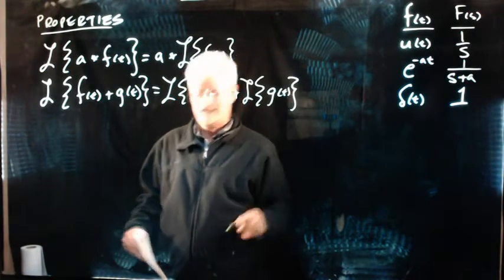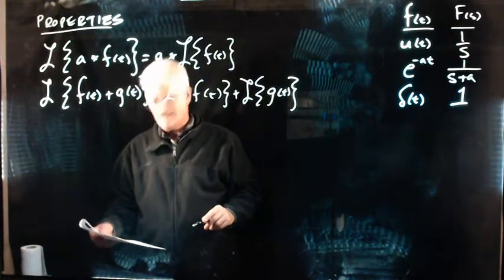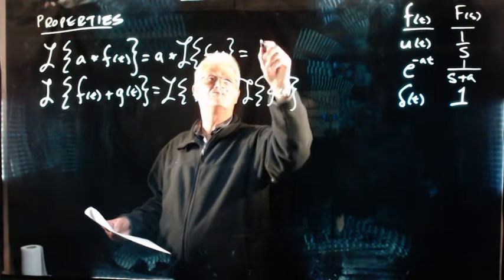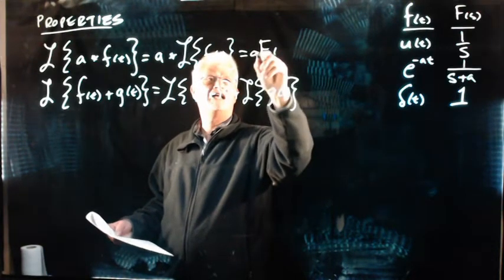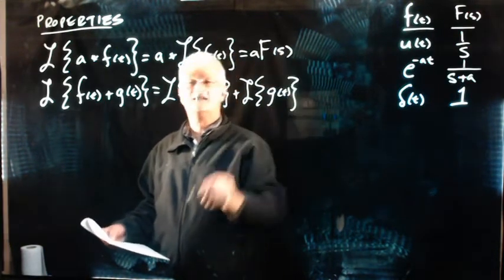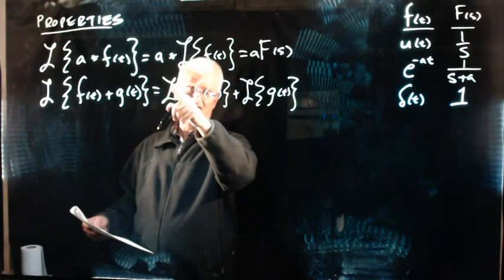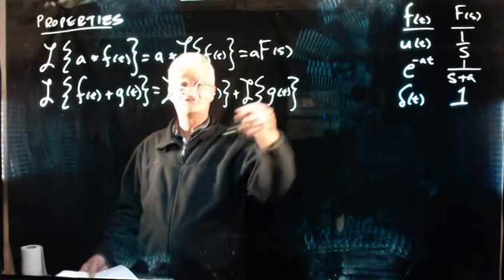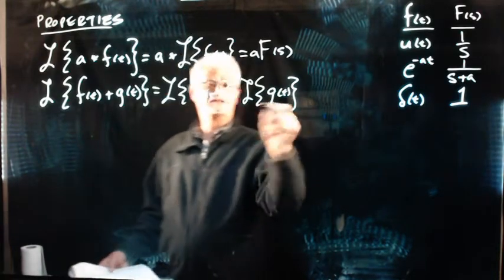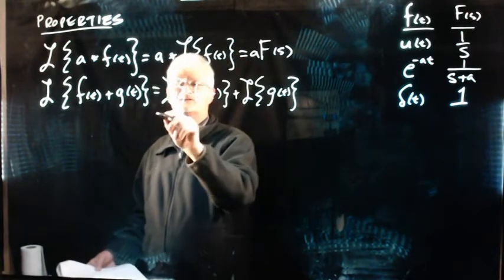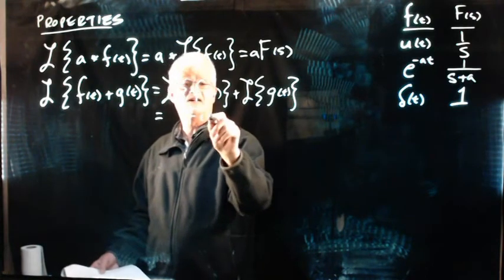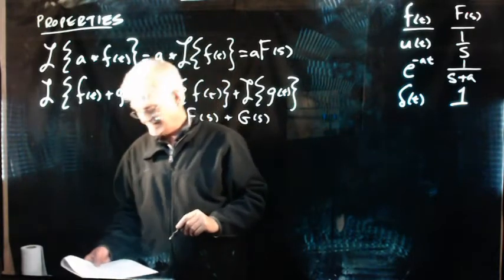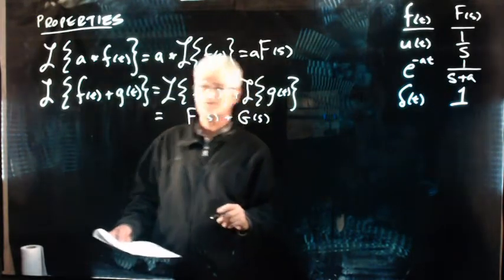So the nice thing about Laplace transforms is that you get a lot of chance to use the cursive L and these curly brackets. And what we can do is say that this is equal to F of s plus G of s. This is the principle of superposition.